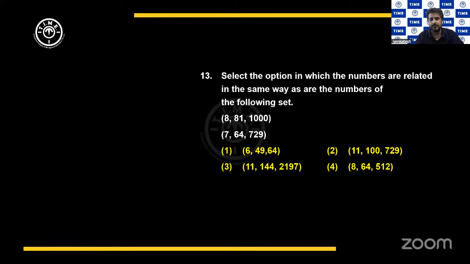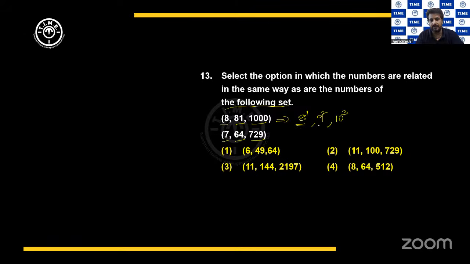Now, select the option in which the numbers are related in the same way as are the numbers of the following set. Now, we have given 8, 81, 1000, 7, 64, 729. What is the logic? I'll tell you. 8 is 8 power 1. 81 is 9 power 2, 9 square. 1000 is 10 power 3.